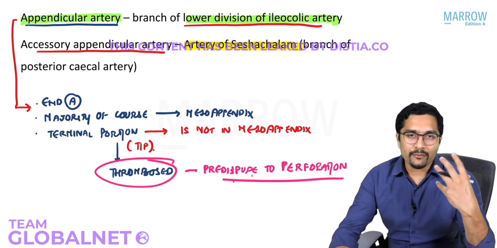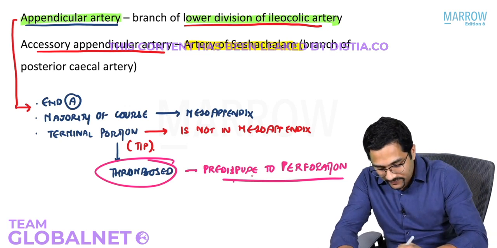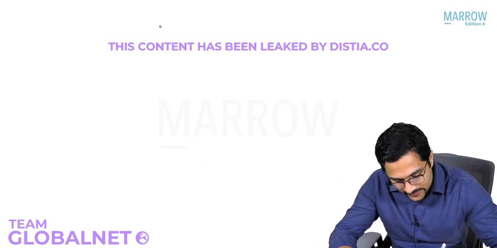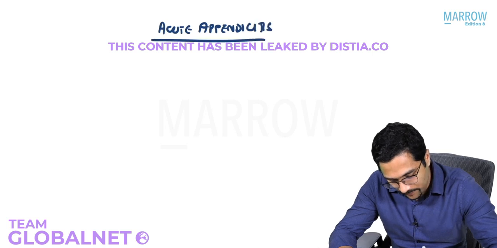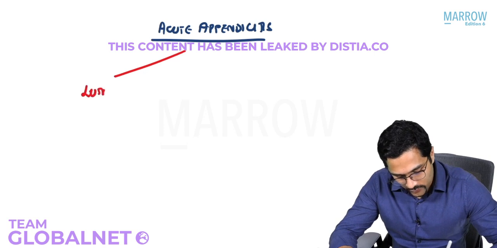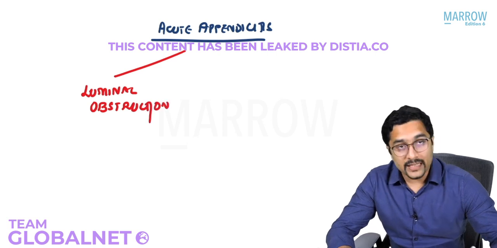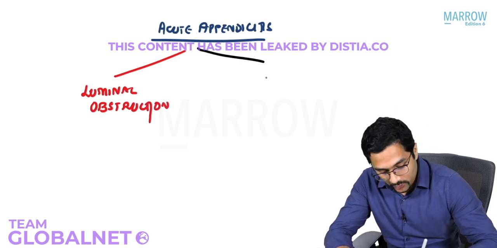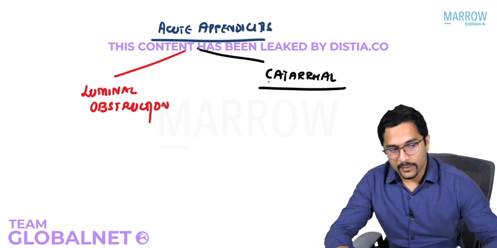Let's move on to the most important topic in this module, that is acute appendicitis. Now, acute appendicitis is inflammation of the appendix, and this can either be due to luminal obstruction, or it can be catarrhal, which is non-obstructive.